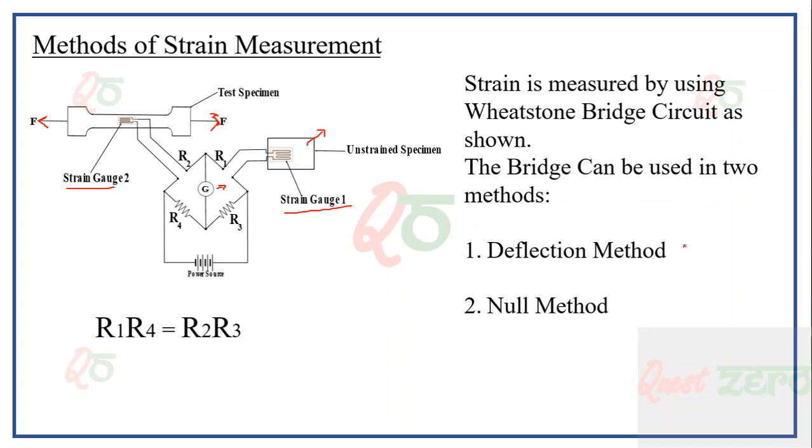So each time there is an elongation, there will be a deflection in the galvanometer, and this deflection will be measured. But in the null method, suppose you apply 10 newtons of load. The elongation that takes place will produce a deflection in the galvanometer, and you will adjust the other resistance and make the entire bridge circuit balanced again.